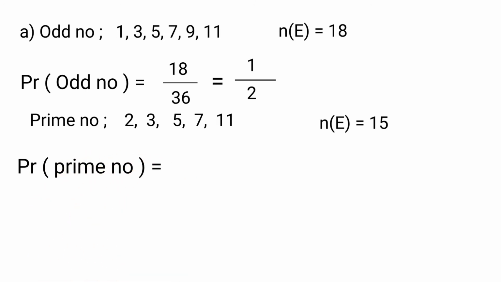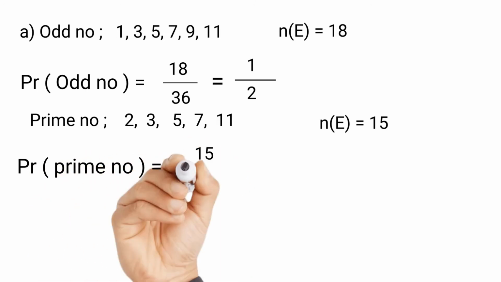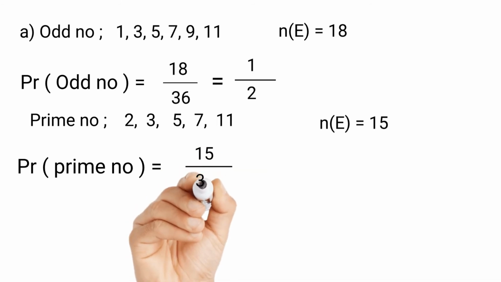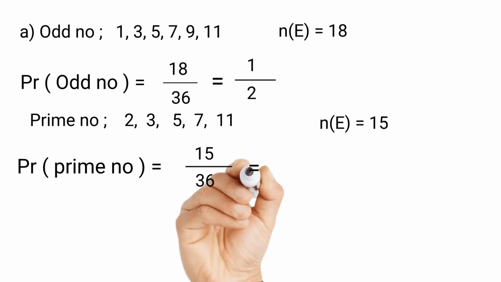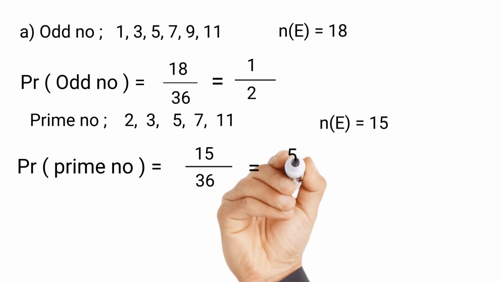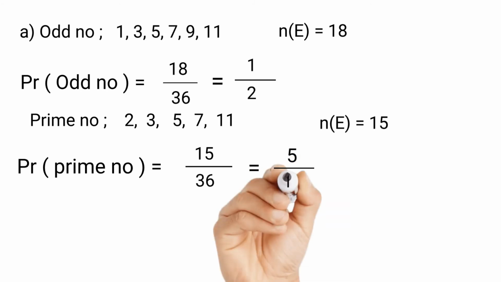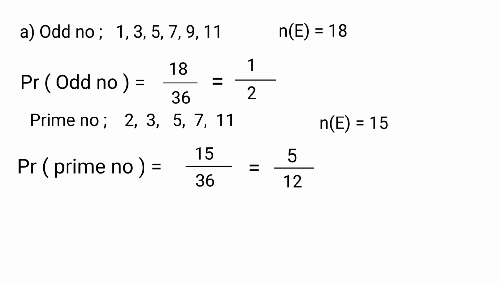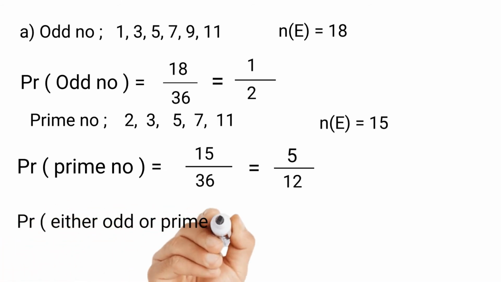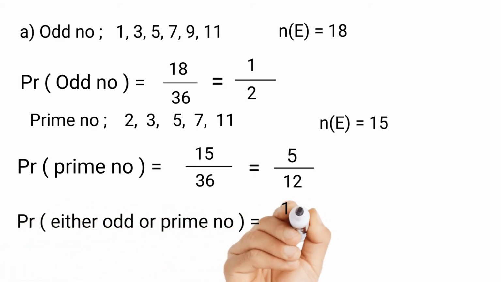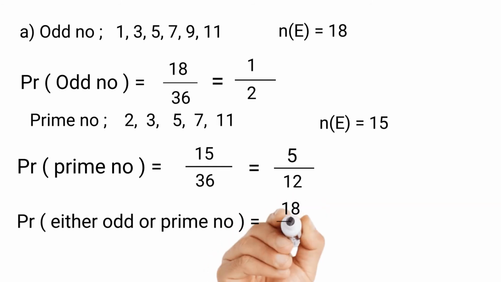So the probability of getting a prime number will now be 15 over 36. You can still break it down, right? We're going to have 5 over 12. Okay? So the probability of getting either an odd number or prime number, you add both of them. Either or means to add.